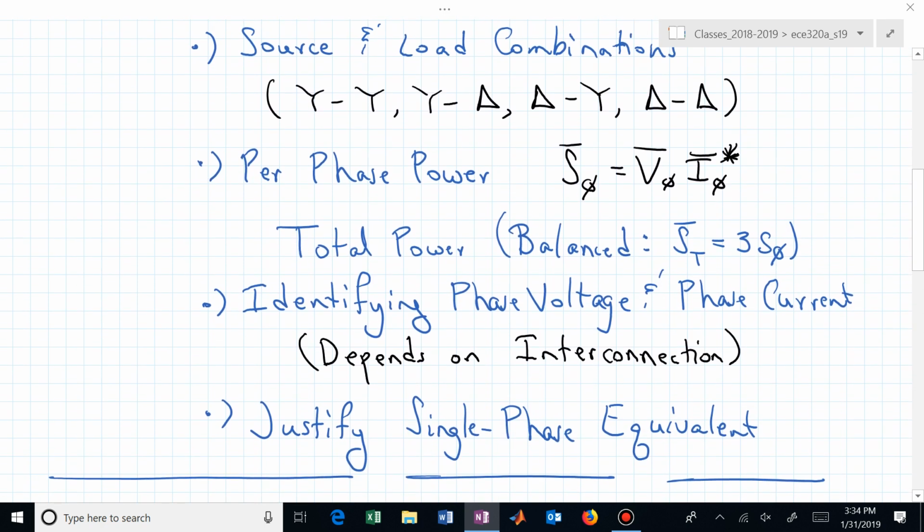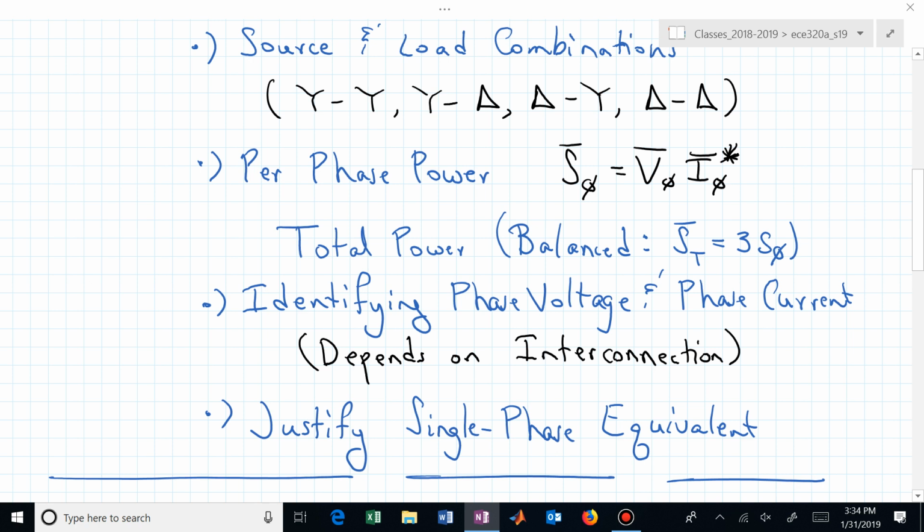Then we will look at how to compute per phase power. Now we have 3 phases. So we could look at the power in phase A, in phase B, and phase C at the source, in the transmission lines, at the load. All sorts of different ways to ask you questions about power.